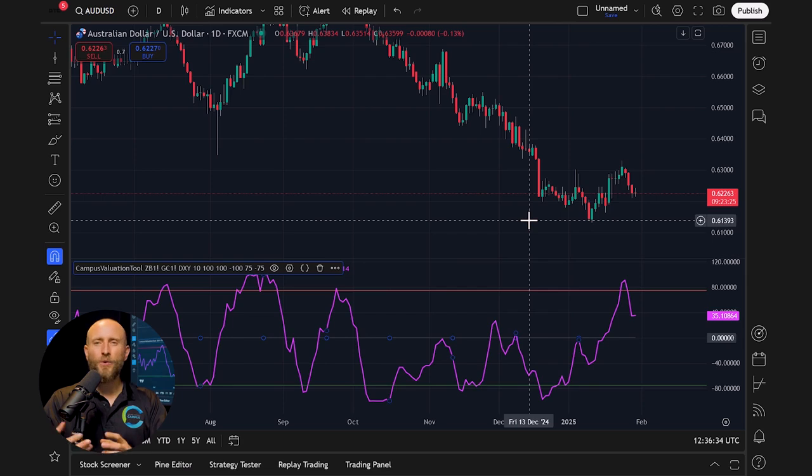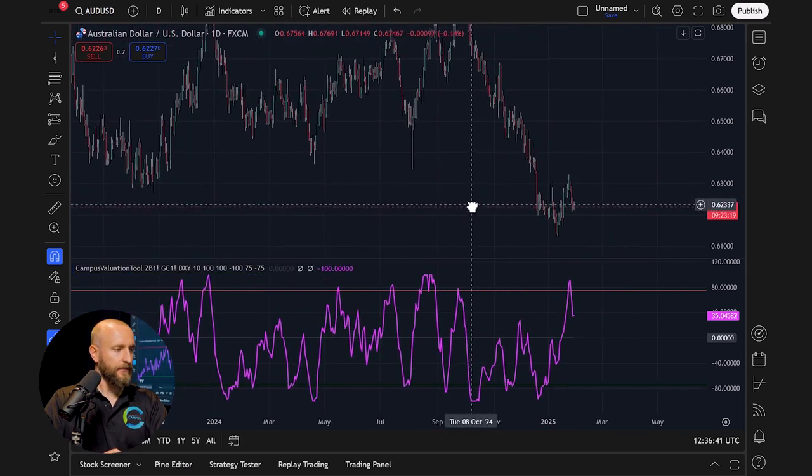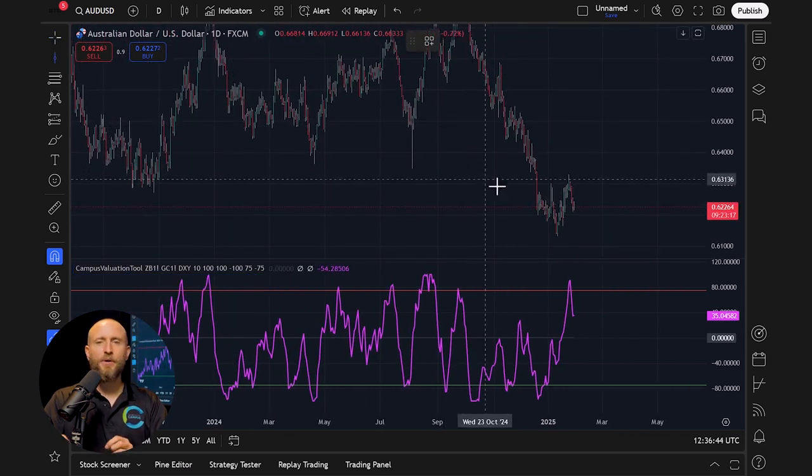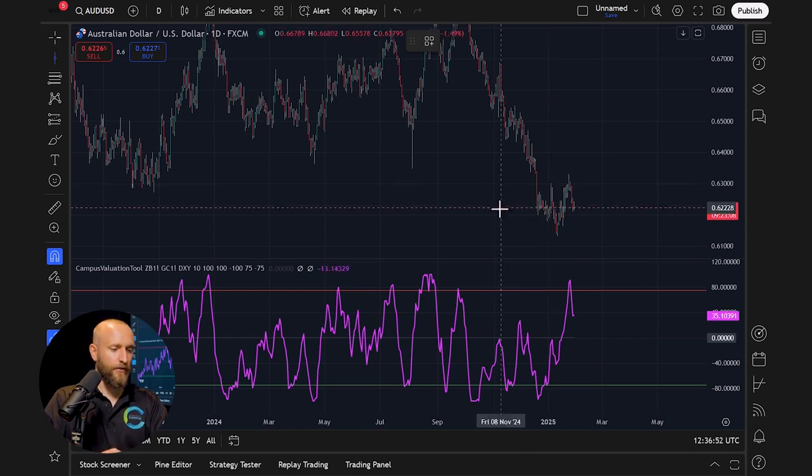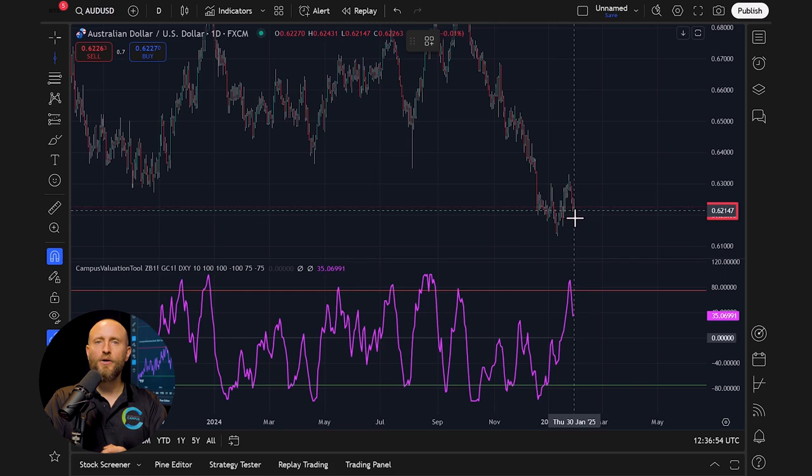Now, let me zoom out a little bit and show you just how powerful and accurate this tool is. I'm going to grab a line here. I'm going to place it every time the indicator showed us an extreme overvalued reading. And then we're going to have a look at what price did. So, for example, we recently have been extremely overvalued.